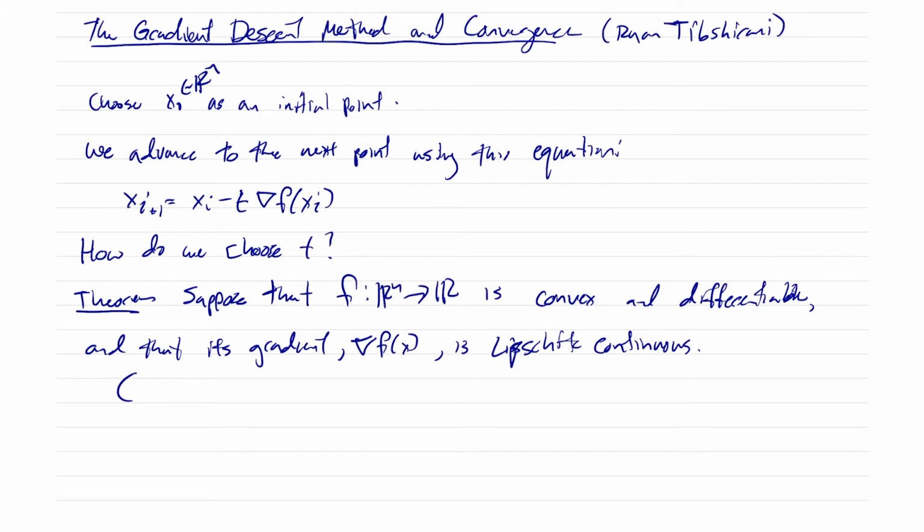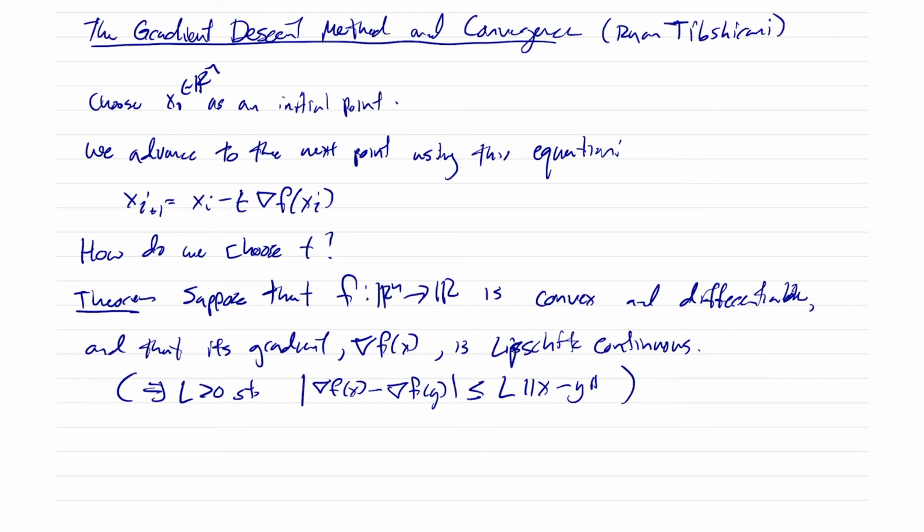If you don't know what that means, that basically means that there exists an L greater than 0 such that the norm of the gradient of f of x minus the gradient of f of y is less than or equal to L times the norm of x minus y. So that's what Lipschitz continuous means.